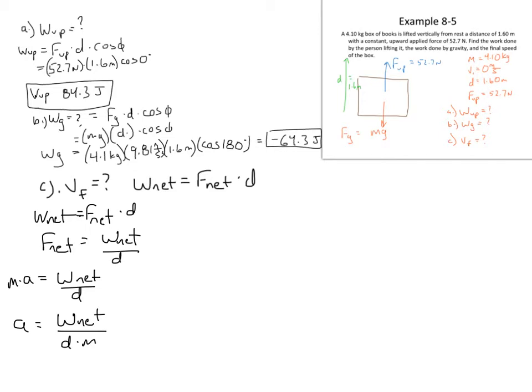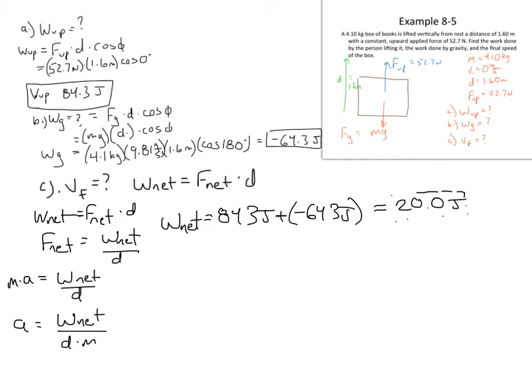So we can state the net work is going to be 84.3 joules plus negative 64.3 joules, and that should give you a total of 20.0 joules of net work. Let's go ahead and put a dotted line box around that.